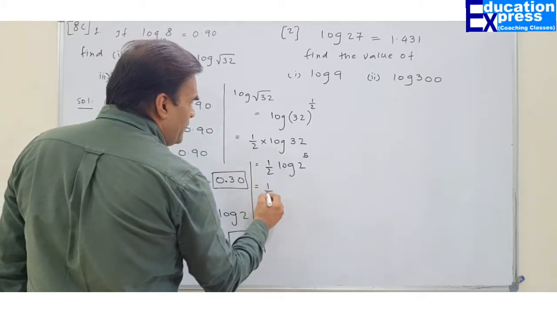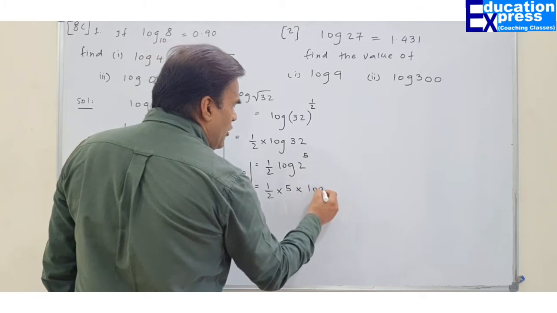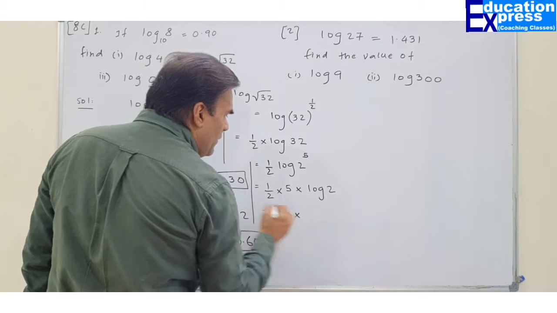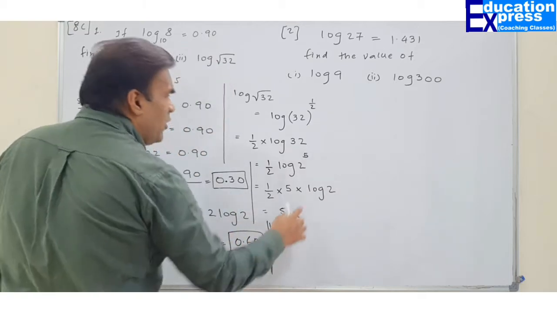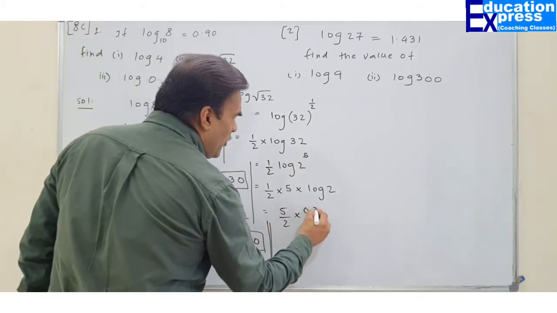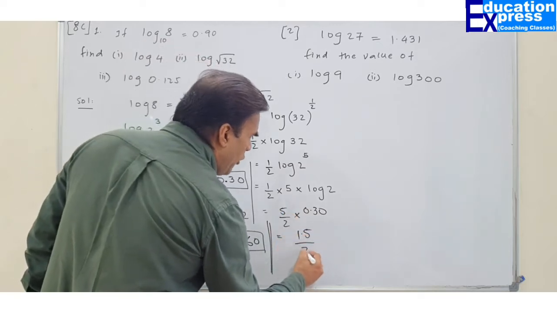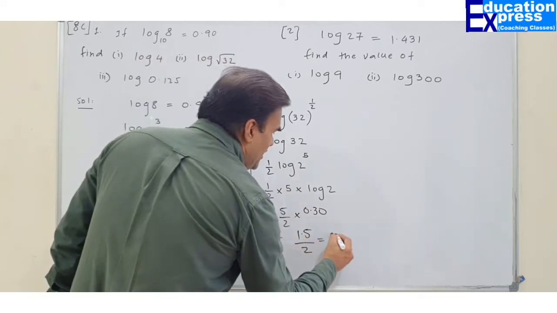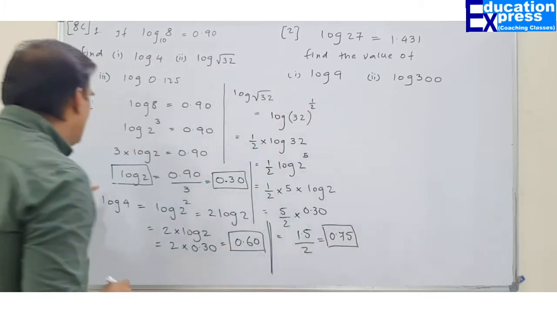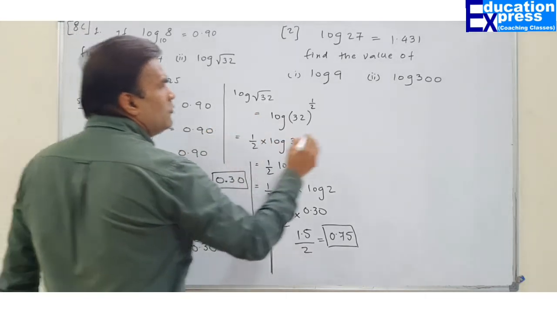So half multiplied by 5 multiplied by log of 2. So this would be 5 upon 2 multiplied by the value of log 2. Log 2 is 0.30. That will give you 1.5 upon 2, which is 0.75.